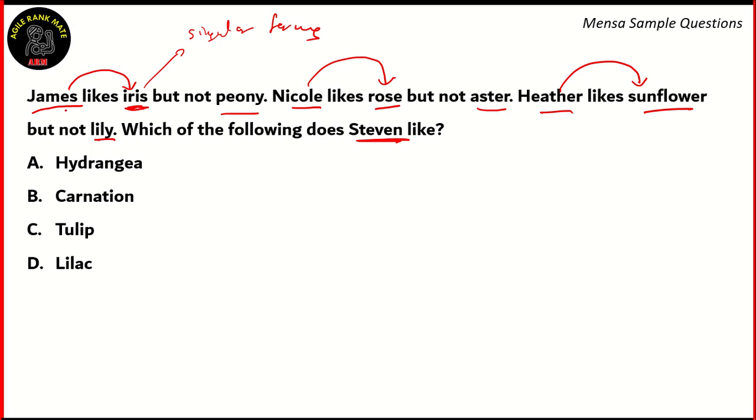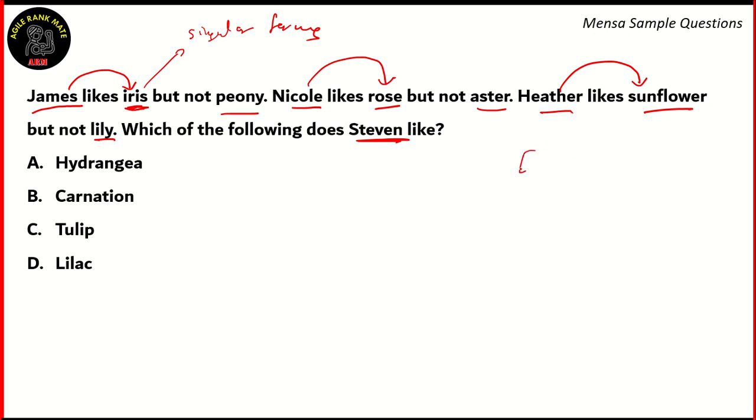Why is that? If you look at it, the name James ends with an S, and the flower Iris ends with an S. Similarly, Nicole ends with an E, Rose ends with an E as well. Heather ends with R, sunflower ends with R as well.